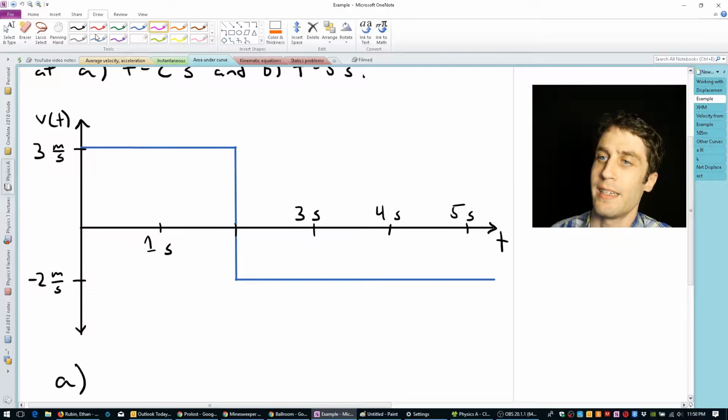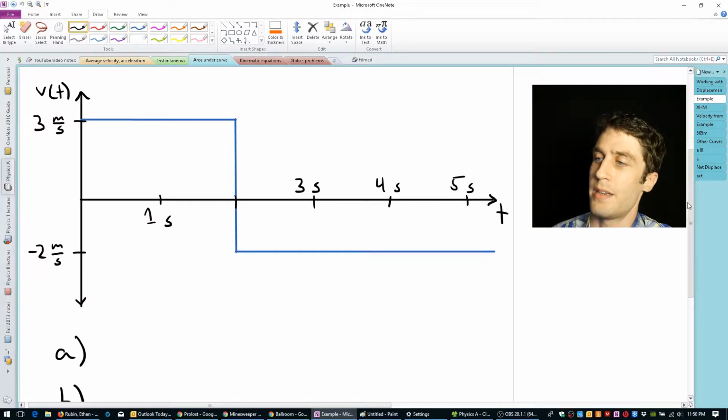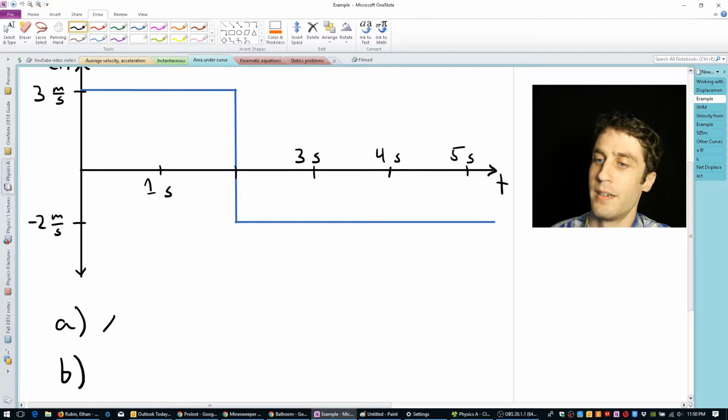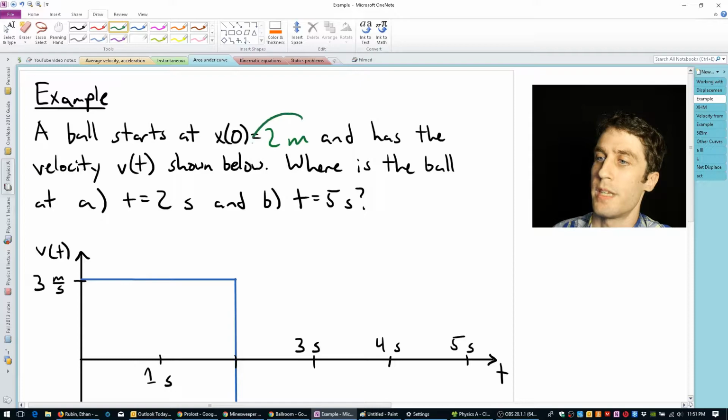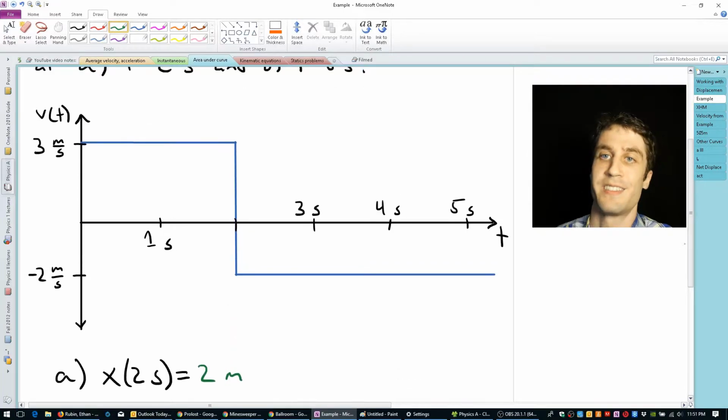So initially, let's begin work on our answer. X at 2 seconds is equal to, it started at 2 meters. That was from the problem statement: x of 0 is 2 meters. Well, it doesn't stay there.